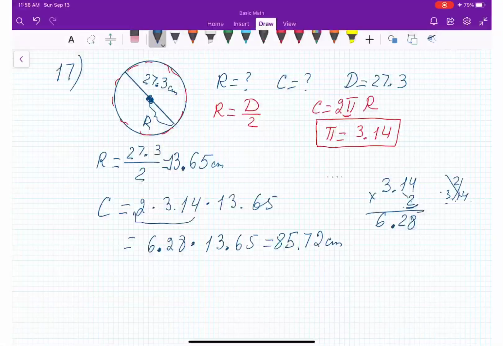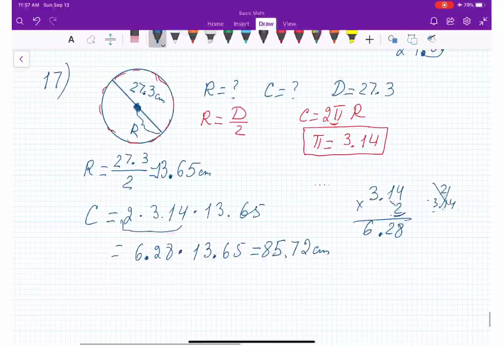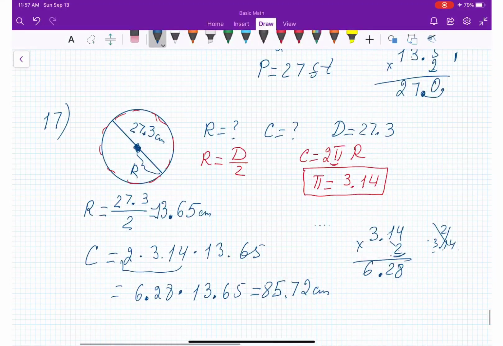Find the area. Let me add here also. We need to find the area.